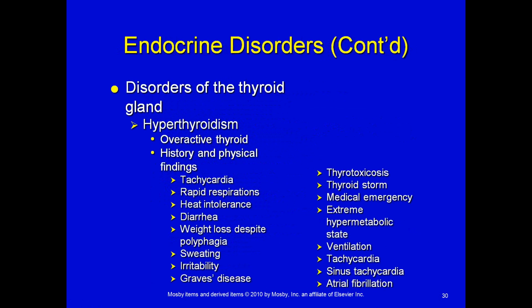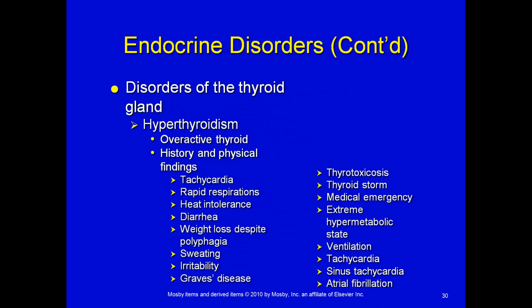What's a concern to us in a person with hyperthyroidism is if they develop thyrotoxicosis, they can get what's called a thyroid storm. And with a thyroid storm, their tachycardia is typically life-threatening, as well as by that point they're dehydrated, they have electrolyte disturbances and all kinds of things from all that has been going on.